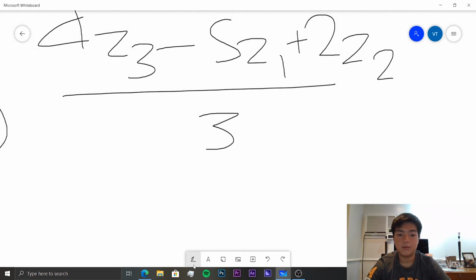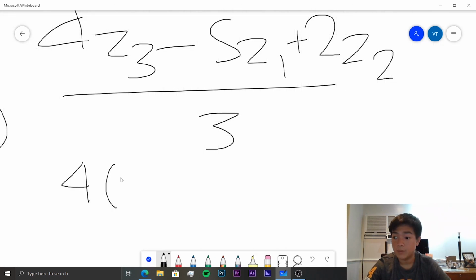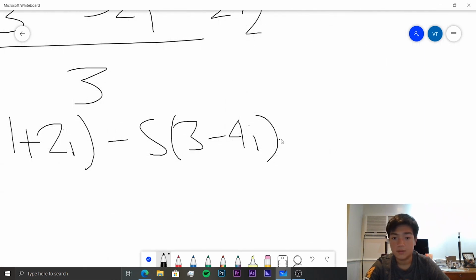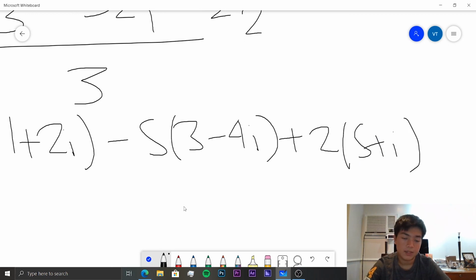And so this would be equal to 4 times (negative 1 plus 2i) minus 5 times (3 minus 4i) plus 2 times (5 plus i), all over 3.